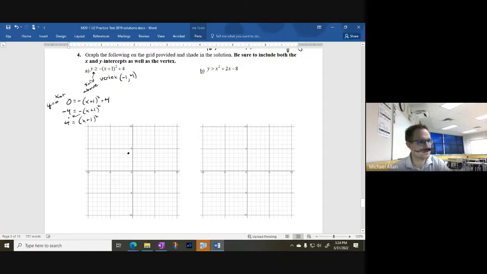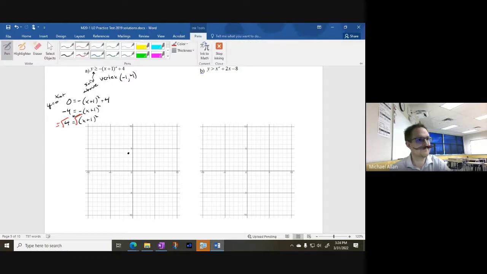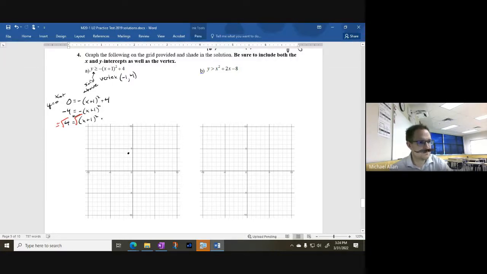Then I take the square root of both sides. Because I do that, there's a plus and minus there. Let's see what we have here. We've got +2 is equal to x plus 1, and then -2 is equal to x plus 1. So I got x is equal to 1, and x is equal to -3.